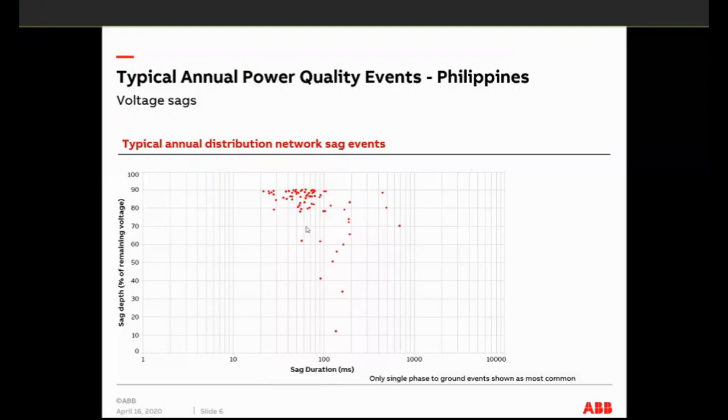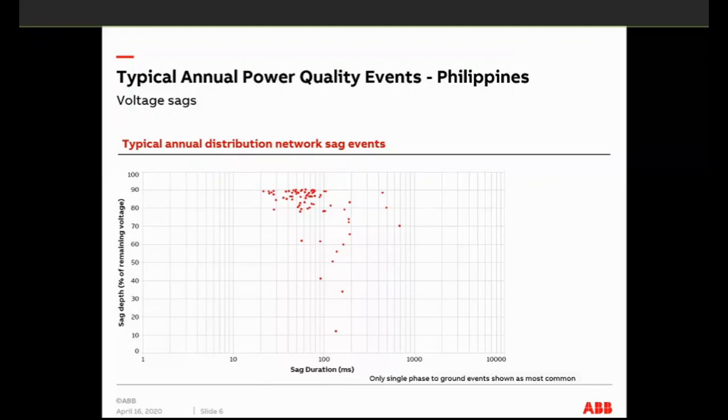As you can see here, the dotted red lines mark the sag voltages that are 90% and below. Why? Because a standard component can mitigate plus or minus 5 to 10% of voltage fluctuation.